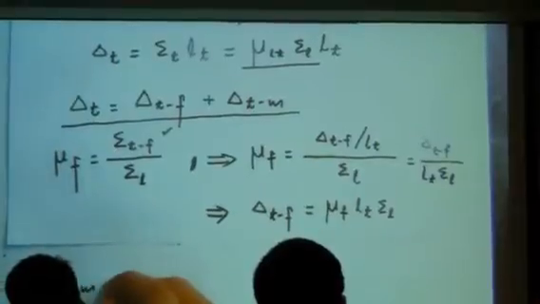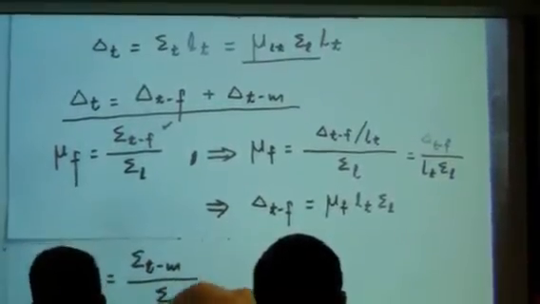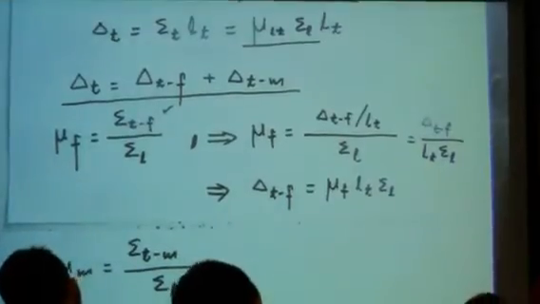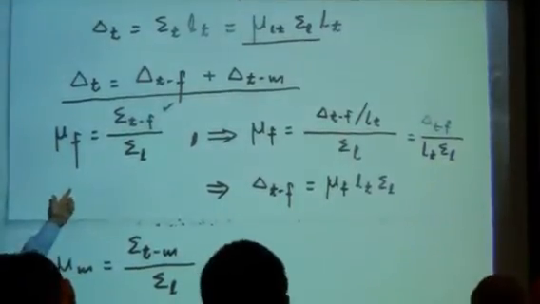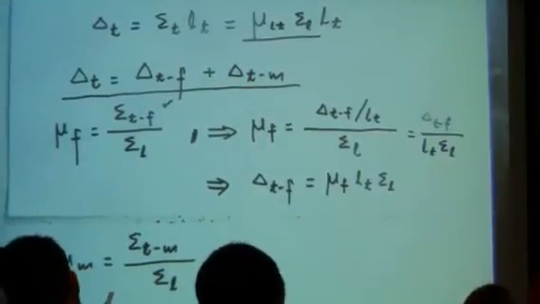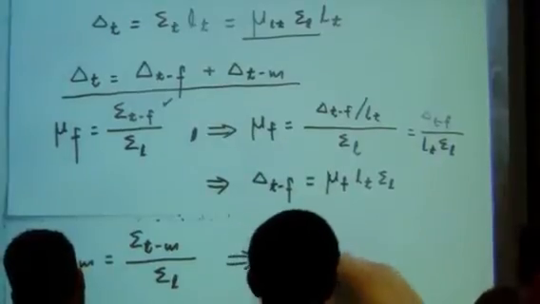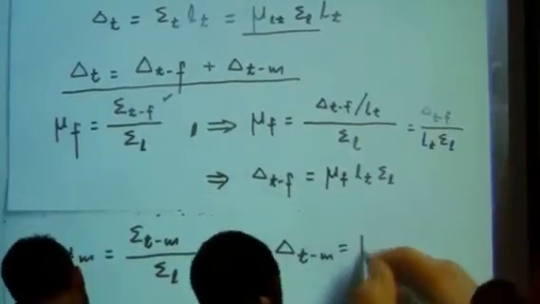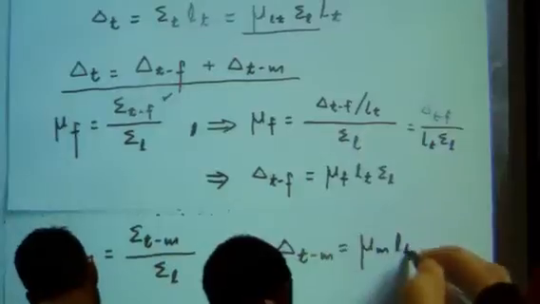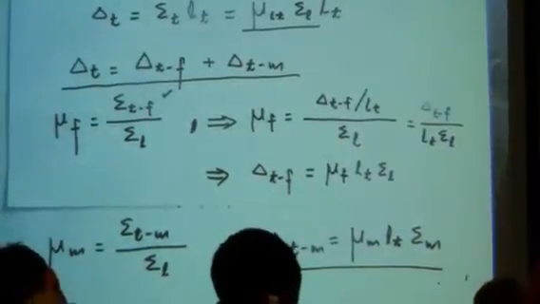Mu m will be equal to epsilon Tm divided by epsilon L. If I finish the derivation of this one, I'm going to replace F with M. Everything should be valid. So from this equation, you can derive delta Tm equal to mu m LT epsilon L. This is the third term.